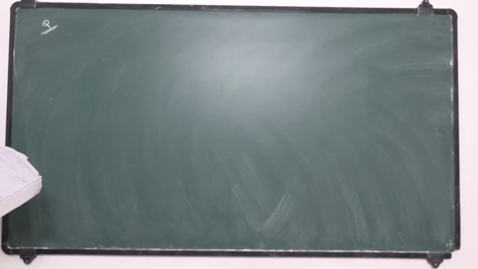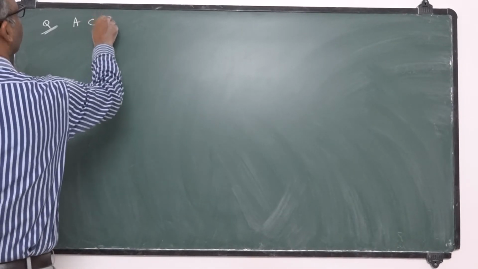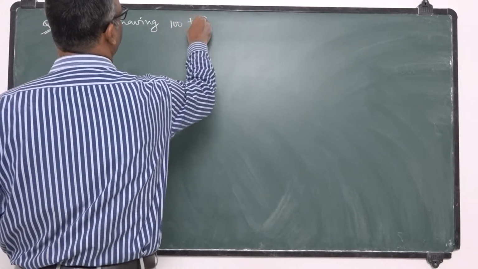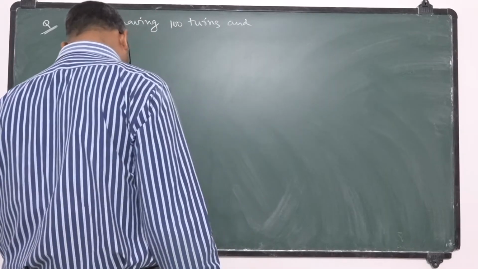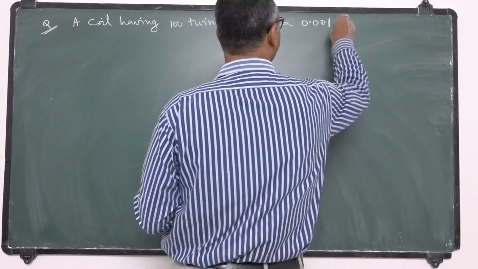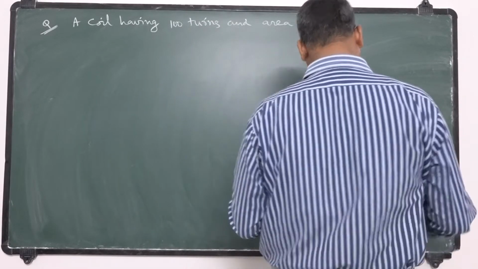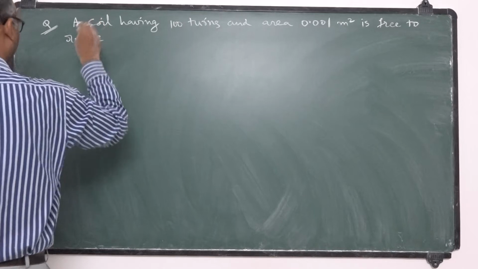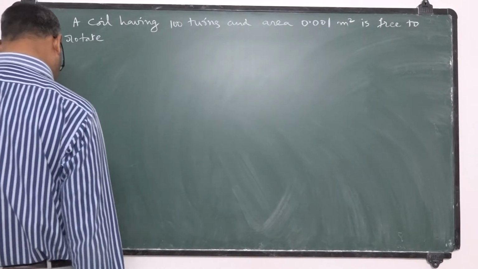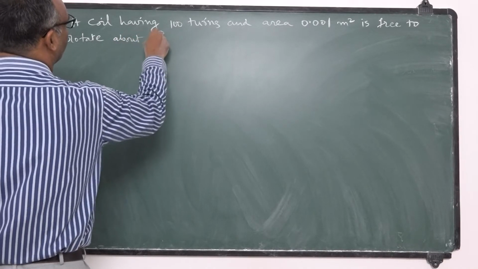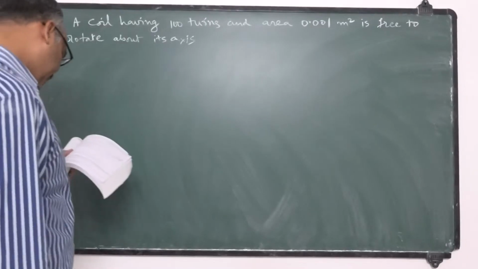Let us discuss one more problem. It's a simple problem. The question is saying that a coil having 100 turns and area 0.001 meter square is free to rotate about its axis.